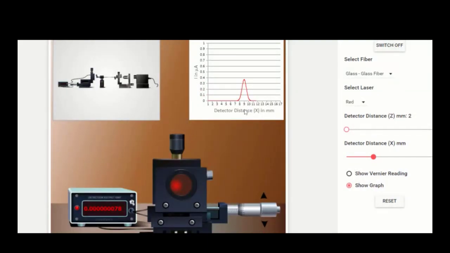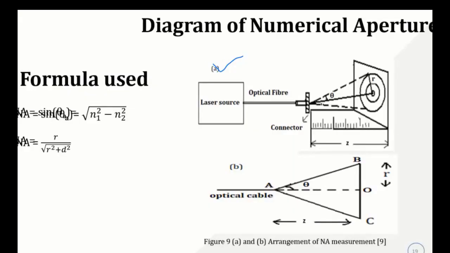So what two values of x are you getting? When you take the difference of those two values, you will get the value of r of that circle that is being made on the screen. Light is entering from one end and it is emitting from the other side of the optical fiber.